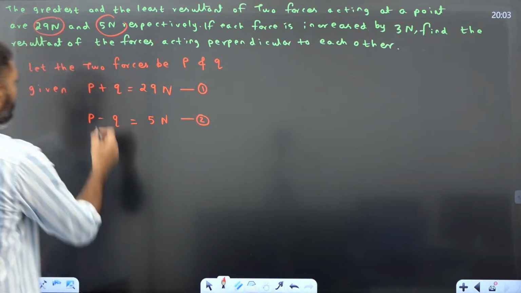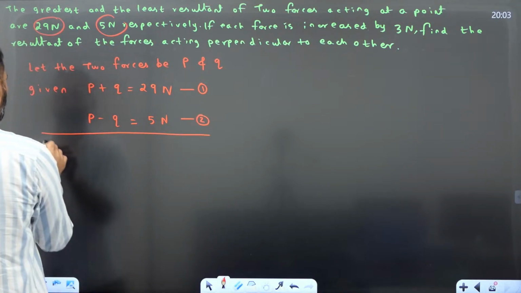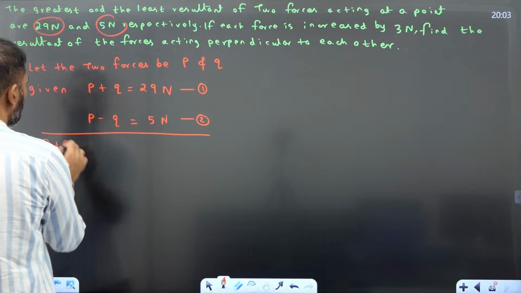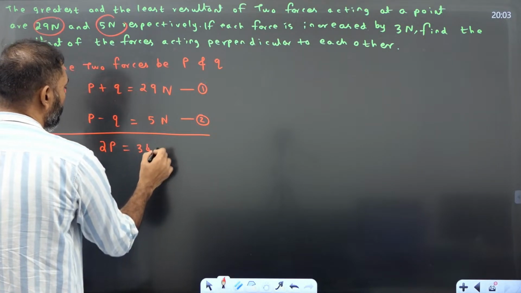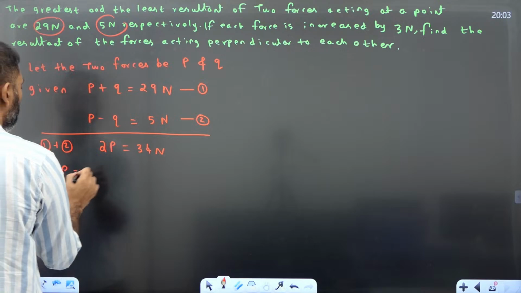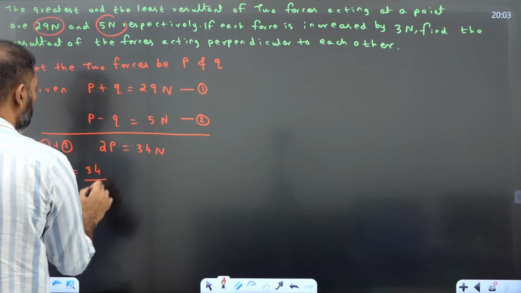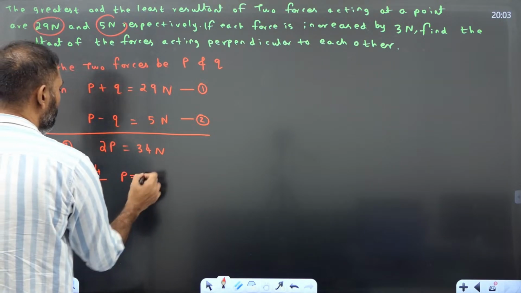Now when you add these two, equation 1 plus equation 2, 2P is equal to 34 Newton. So P is equal to 34 by 2, so P is equal to 17 Newton.